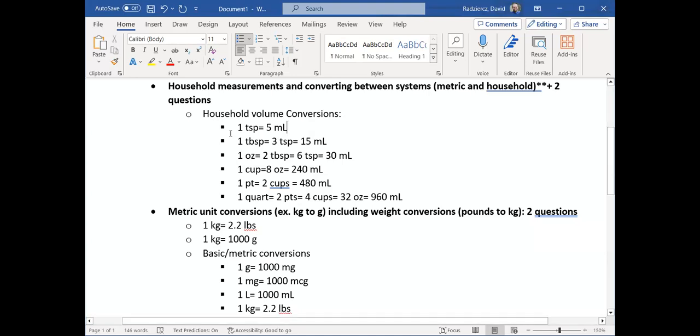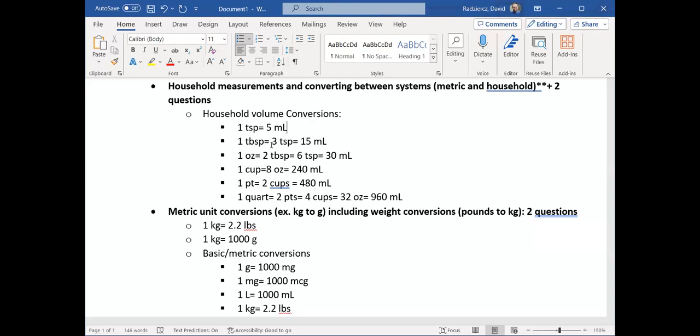If you have measuring spoons, you will see that 1 teaspoon is 5 milliliters and 1 tablespoon is 15 milliliters. So we can also assume that 1 tablespoon is 3 teaspoons. It helps if you're cooking and a recipe calls for 3 teaspoons, you can just put in a tablespoon and it's the same thing.